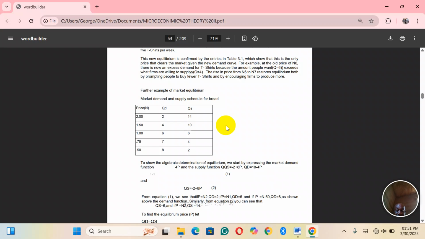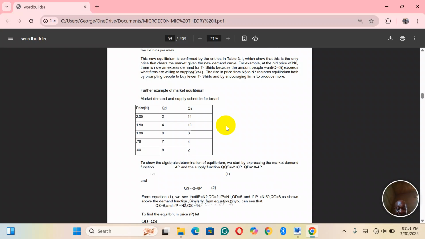Then from equation 2, you can also see the quantity supplied is 6 when P is equal to 1, and when P is equal to 2, quantity supplied is equal to 14.